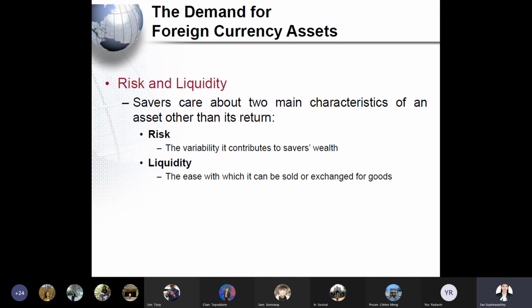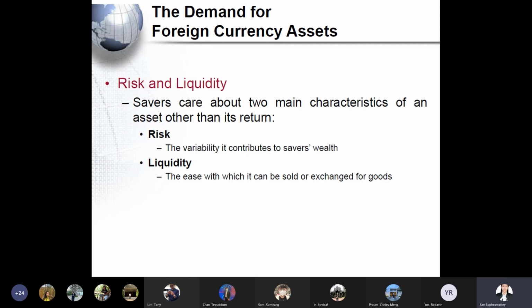And then we consider the demand for foreign currency. We also consider the risk and liquidity. So, everything else equal, everyone, including me, prefers to hold the asset offering the higher expected real rate of return.